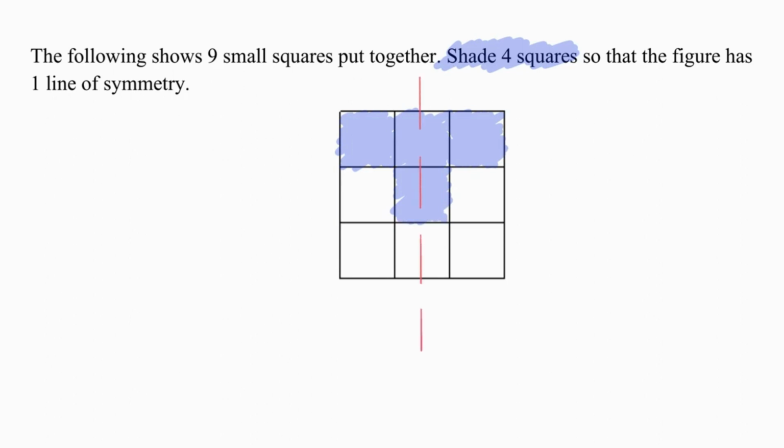There's no other way of having another line of symmetry thereafter. Alright? With that, we have come to the end of this example, and let's move on to the next example.